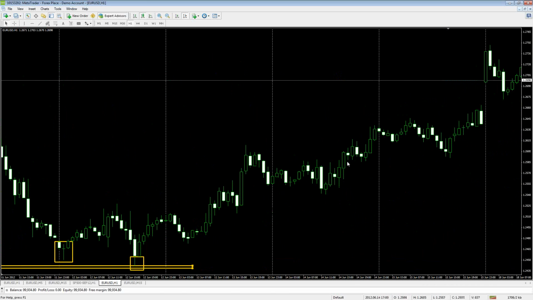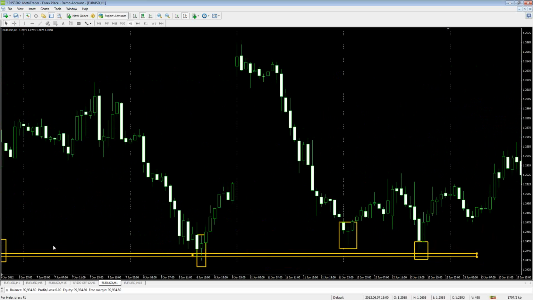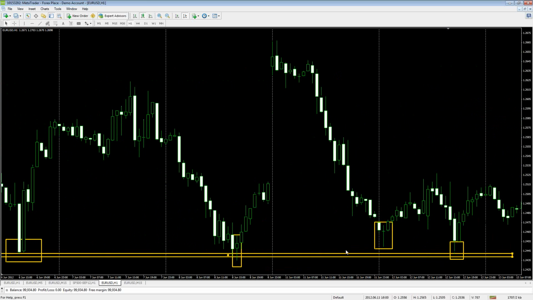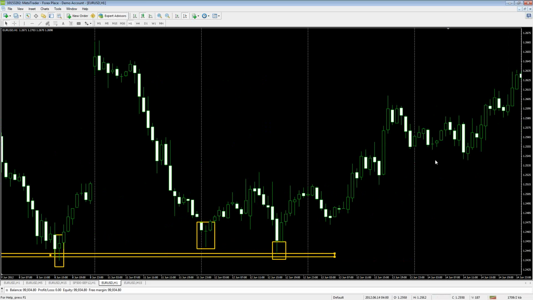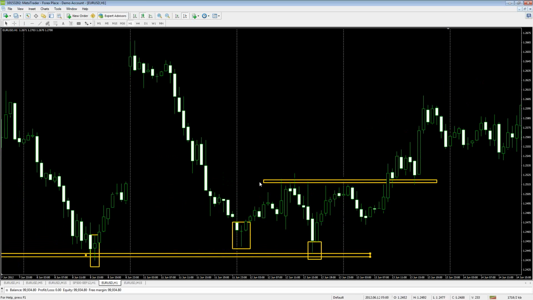This can be just plain support or resistance, but it can also be reversal areas. So if you see, for example, this area where price served as resistance, even here, we have small support, resistance, gap.